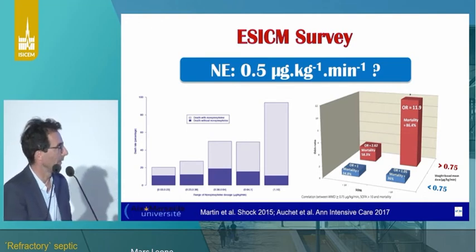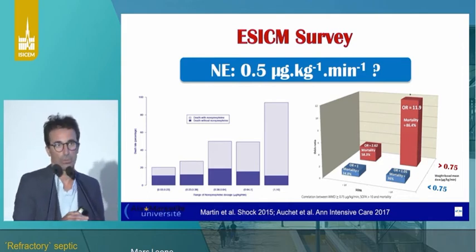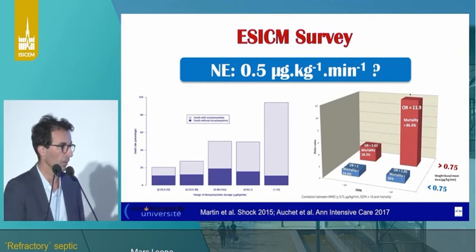This was confirmed by the group of Bruno Levy, who published the same kind of study showing a cutoff at 0.75 with a very high mortality rate of 86%. So perhaps 0.5 is a reasonable goal.